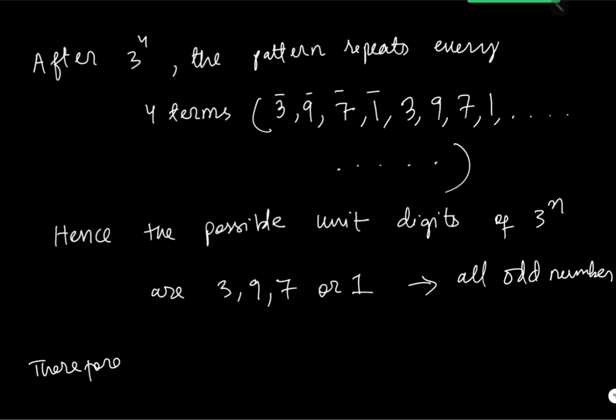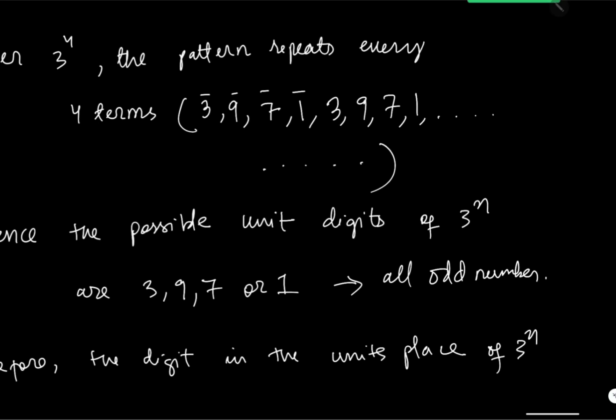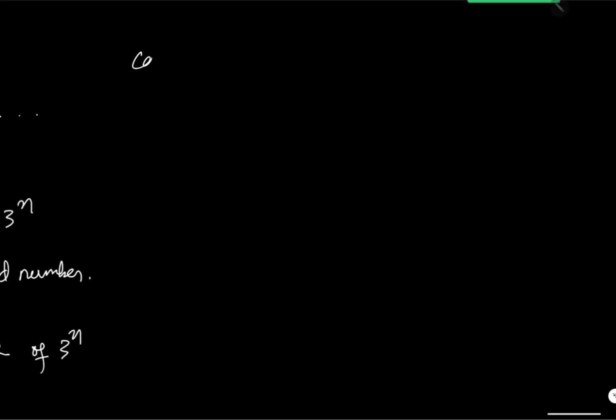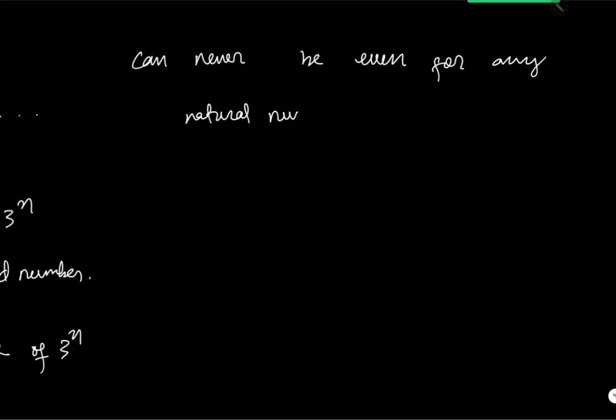Therefore, the digit in the units place of 3 to the power n can never be even, for any natural number n. I hope you are very clear with question number 5.